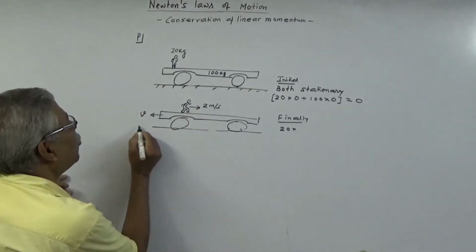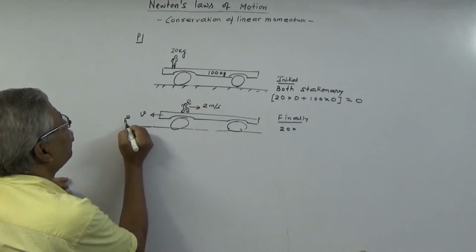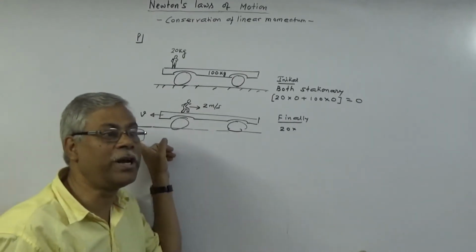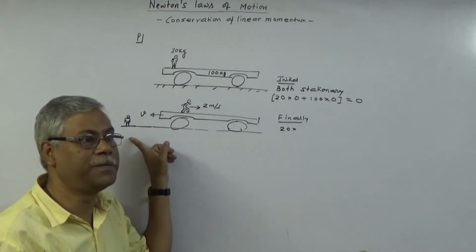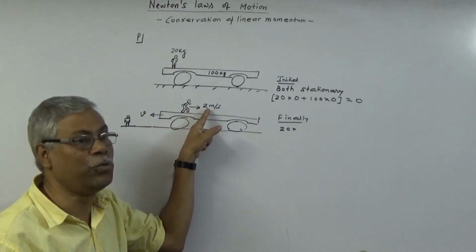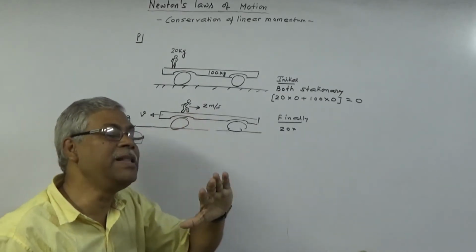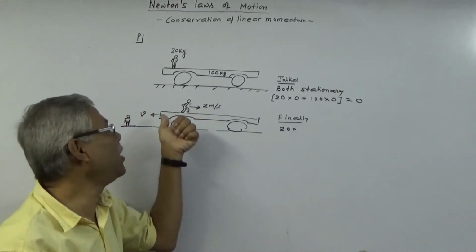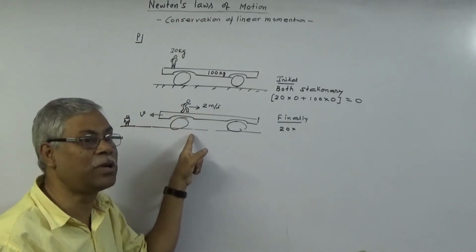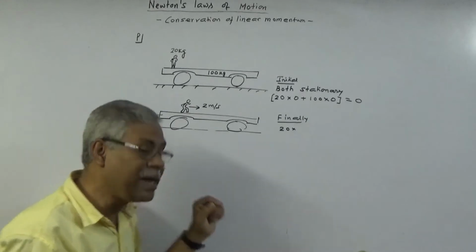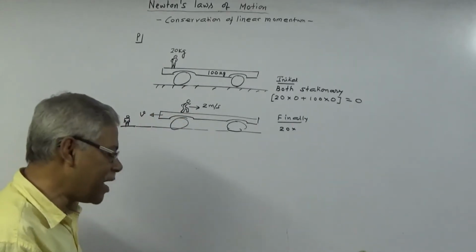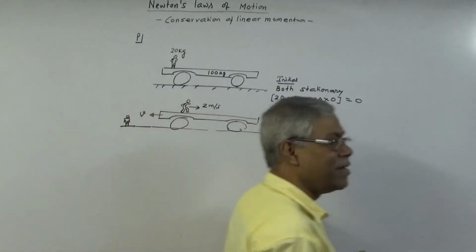With respect to ground means with respect to someone who is standing on the road. With respect to the trolley, he is walking at 2 meter per second, but at the same time the trolley is moving backward. So what is his speed with respect to ground? Simple example: suppose you are on a trolley and you have taken 3 steps in 1 second.